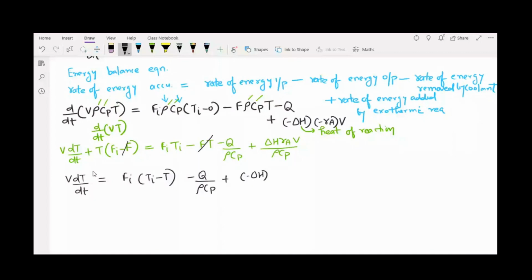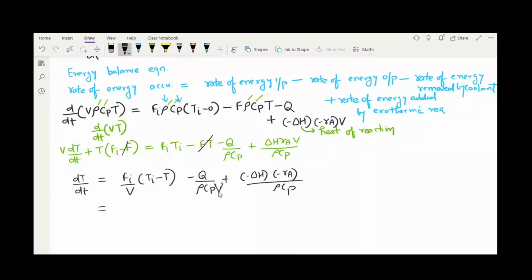We can take this V to the right hand side, and remove it from the left, so the V rho Cp will be removed as well. So this is our energy balance equation for CSTR.